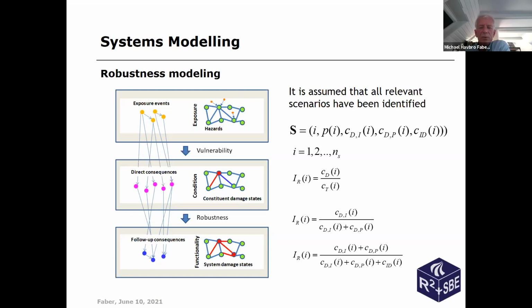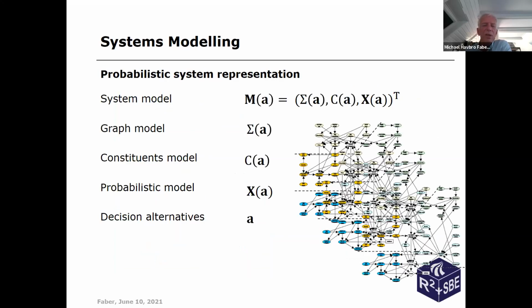Doing this, we are able to split them up into direct and indirect in the different phases of the progression of the scenarios, and we can evaluate the indices of robustness, and that gives a good decision basis also on how best to manage the system, how best to take action depending on what we observe and monitor. Now, I just want to highlight the general system model representation.